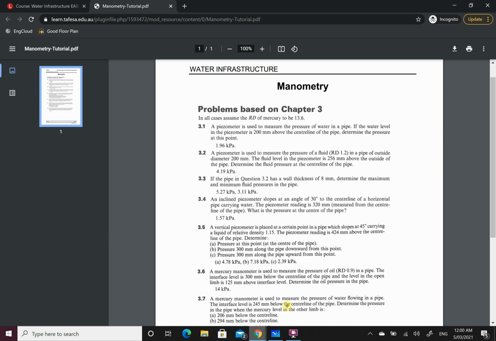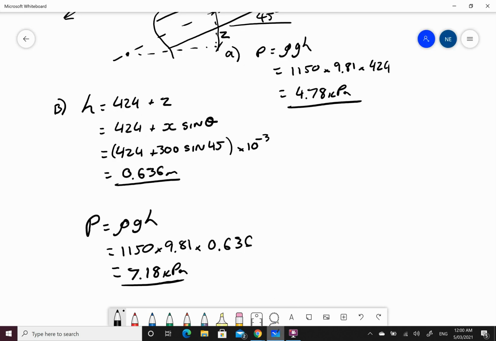So now we're going the other direction. It's going back up. So for part C, my H is equal to 424 subtract Z going the other direction, so it's going to be 300 sine 45, which equals 0.212 meters.